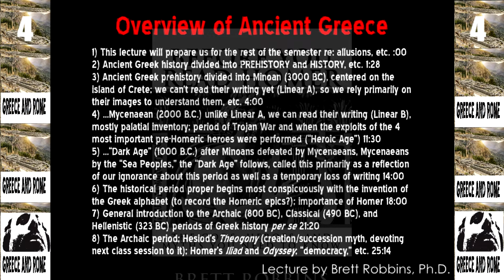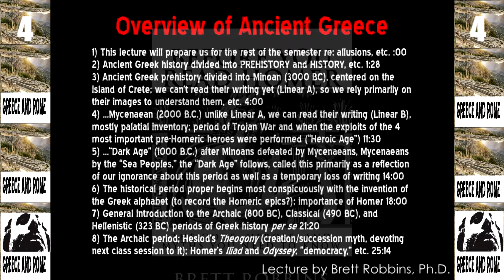Okay? So let's take out these dates. The Classical period begins in 490 BC, and I'll give you a reason why I'll be a stickler for that exact date in a second, or maybe 10 seconds, or maybe 2 minutes, I don't know. Archaic, on the other hand, begins around 800 BC. So about a couple hundred years after the Dark Age.